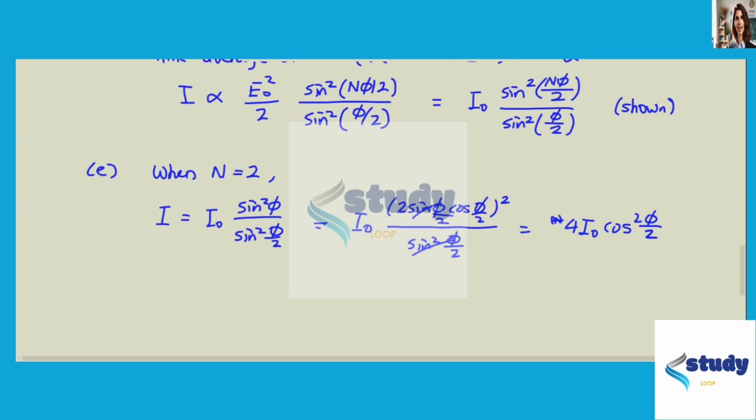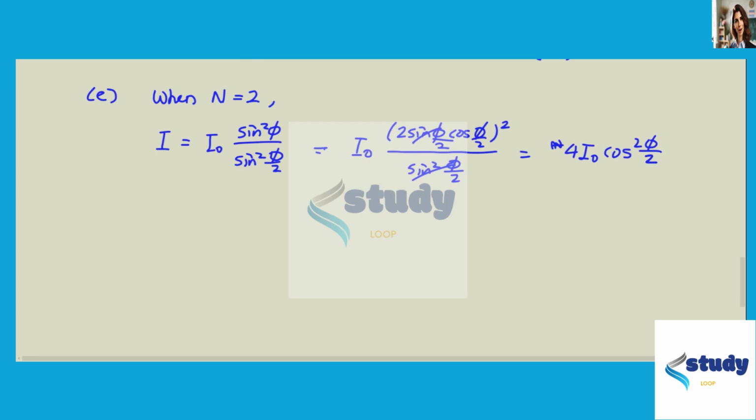We want to compare this with the equation in 35.10. So equation 35.10 is I prime equals I naught prime cosine square phi over 2, right?